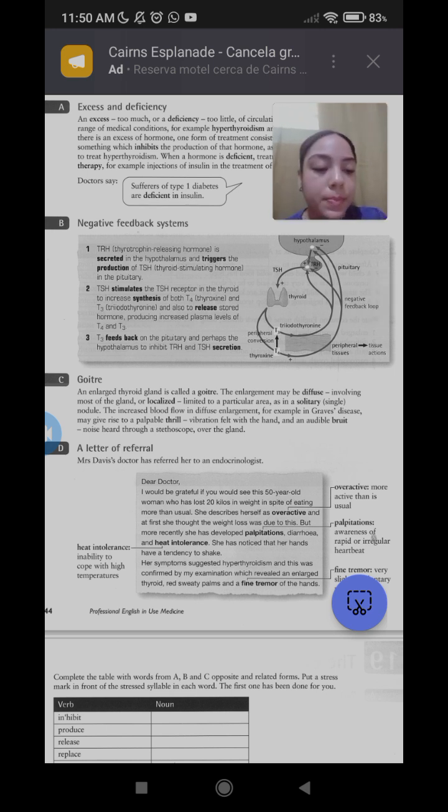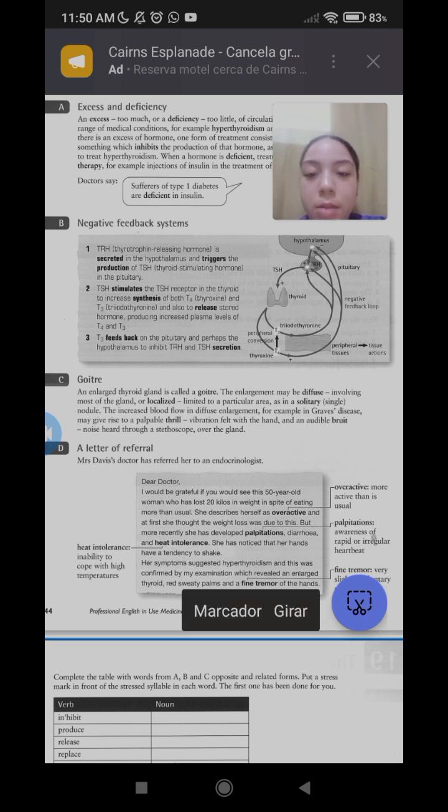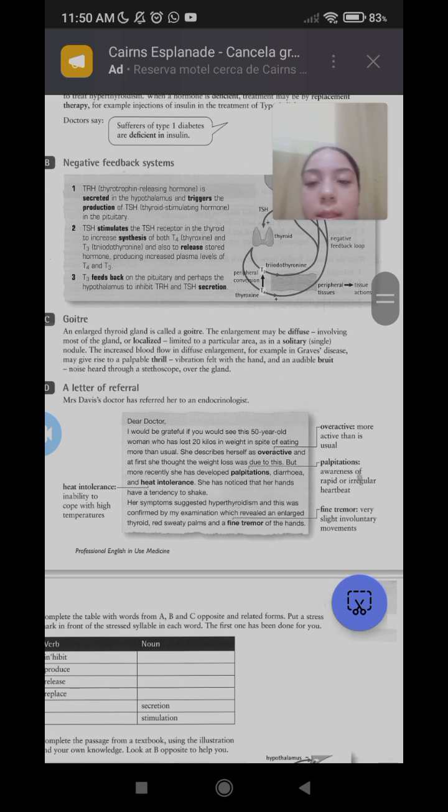Negative feedback system. TRH, thyrotrophin releasing hormone, is secreted in the hypothalamus to trigger the production of TSH, thyroid stimulating hormone, in the pituitary. TSH stimulates the TSH receptor in the thyroid to increase synthesis of thyroxine T4 and T3, and also to release stored hormone, producing a greater plasma level of T4 and T3.